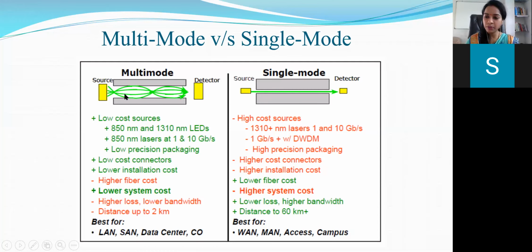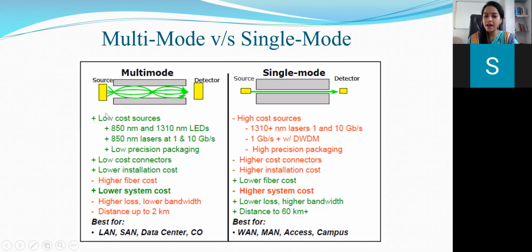But in multi-mode optical fiber the light source is non-coherent. It has light coming from all directions, and when it enters, it gets reflected back and travels long distances.